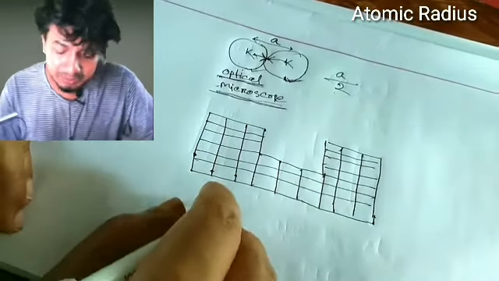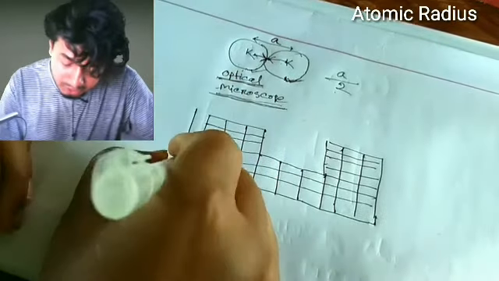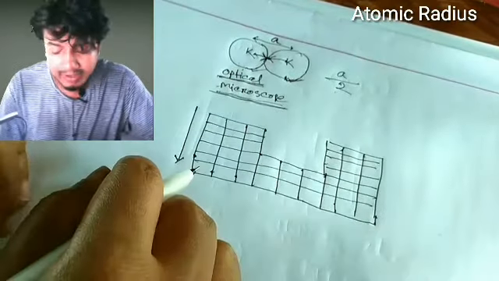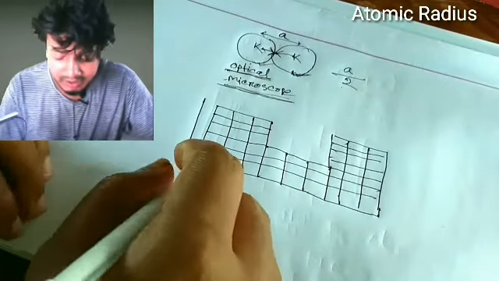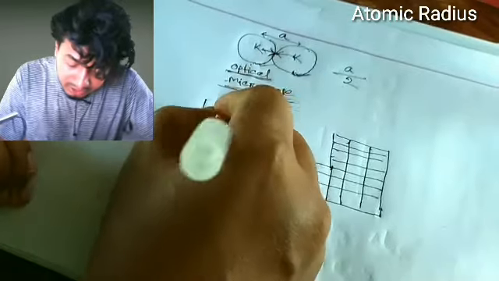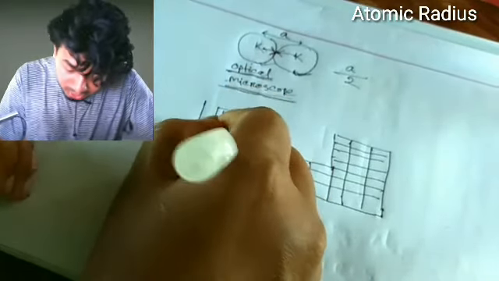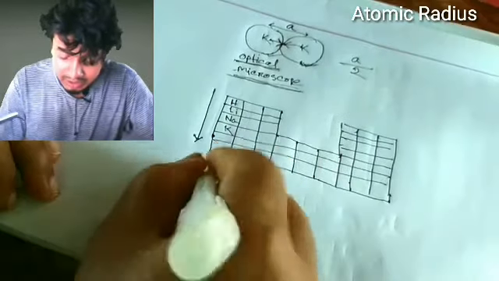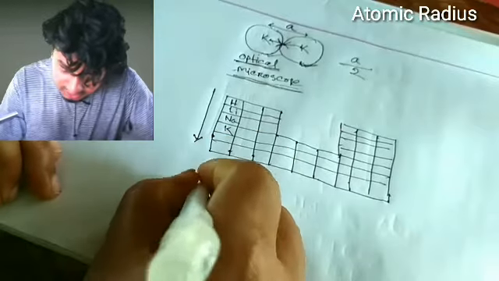If this is the periodic table and you go down a column, you will get atoms with a bigger atomic radius. But why? Let me explain it. If you put hydrogen here, lithium here, sodium, potassium, you can see the atom size like this.